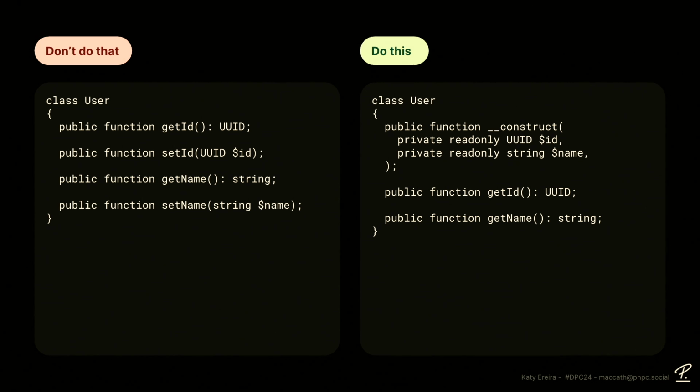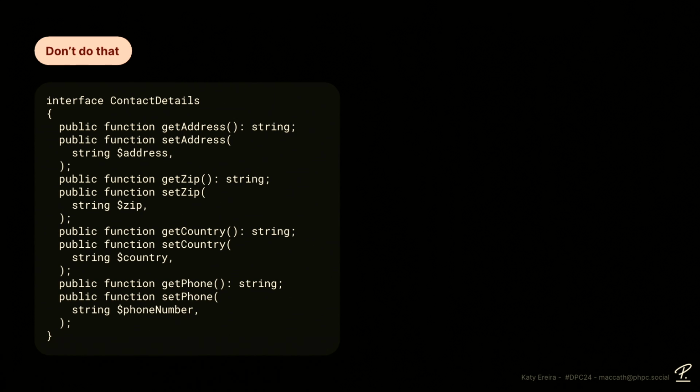Let's just constructor inject it, with this lovely constructor promotion syntax, which is newish, where we can say that these are the properties that are going to exist on our user. They're private, so they can't be accessed unless we are using a get. And they're read-only, so they can't be changed. And we can just get rid of our setters, and we can leave our getters in when there are things that we actually do want to be able to access. Cool. That keeps things a lot leaner and cleaner, less dodgy.